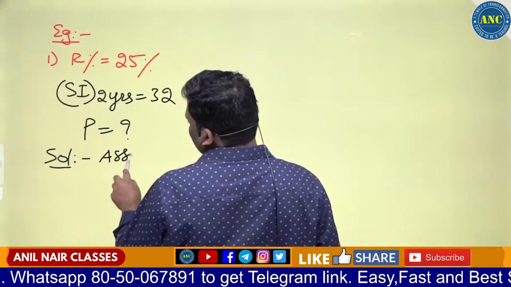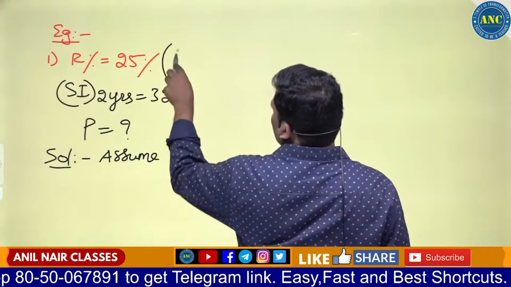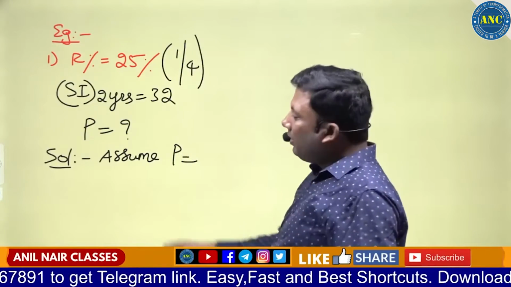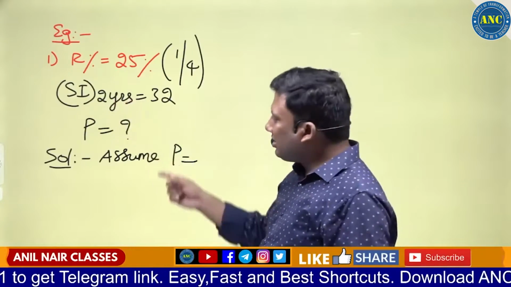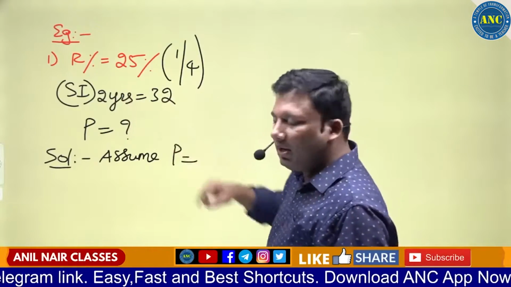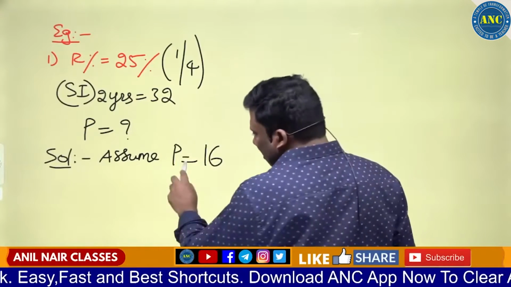Assume the principal equivalent to 25%, which is 1/4. How many years are given? 2 years, so the k value is 2. Assume the principal as the denominator power k: 4 square, it is 16.